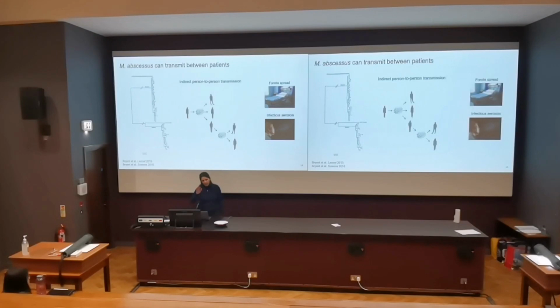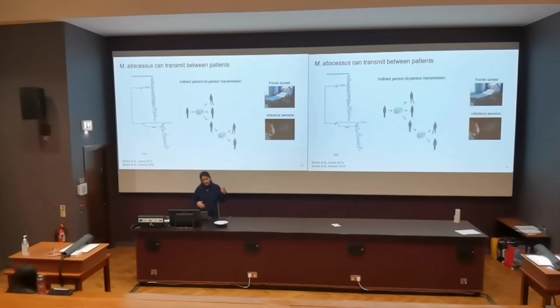But we were approached by Papworth Hospital during my PhD, and they had noticed an increase in cases in their cystic fibrosis unit, and so they asked us if we would sequence their Mycobacterium abscessus genomes. At this point there was only one Mycobacterium abscessus genome available in the world, so we thought it might be interesting.